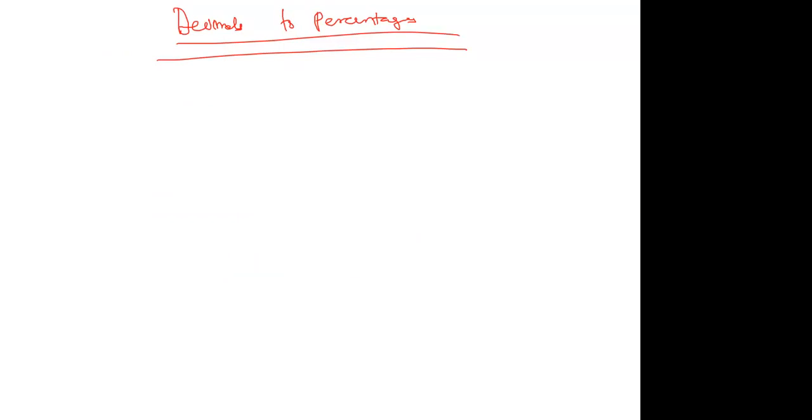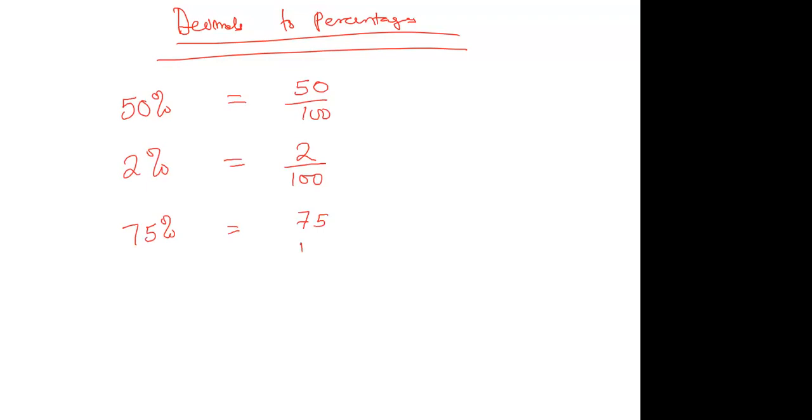So when you say 50%, the meaning of 50% is what? 50 out of 100. When you say 2%, the meaning of that is 2 out of 100. When you say 75%, the meaning is 75 out of 100. Percentages is always out of 100.